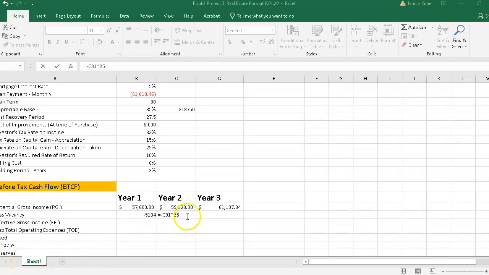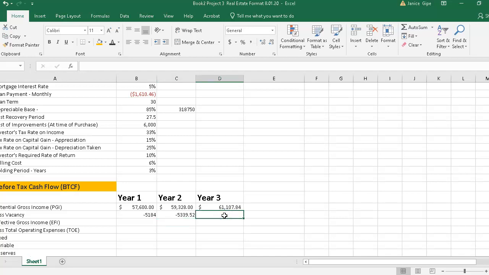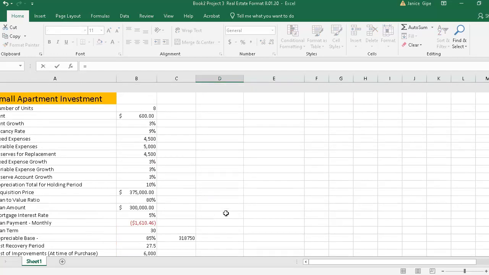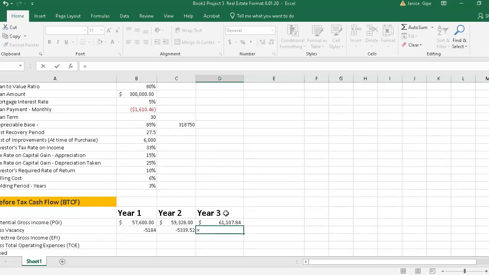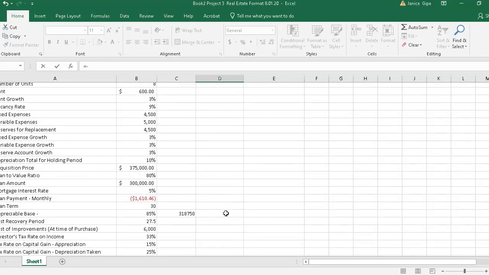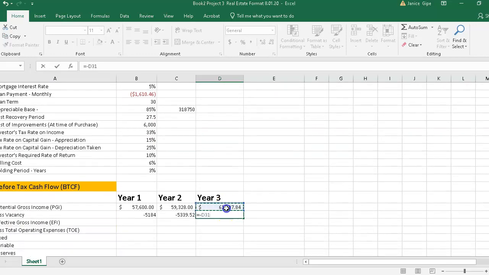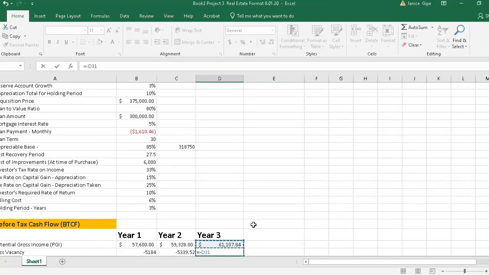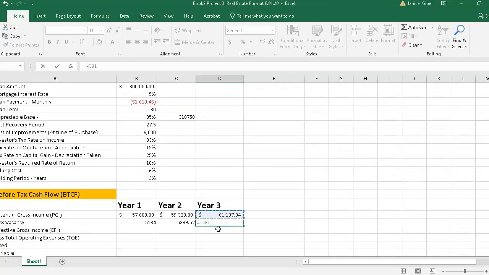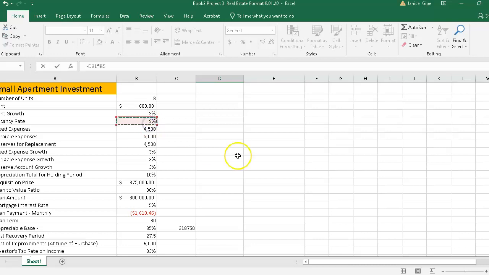And as I was mentioning, as that video ended at 15 minutes, to get this information for the vacancy, you take the, equals a negative, because you're going to, $61,000 that you have the potential gross income for year 3, times the vacancy rate of 9%.